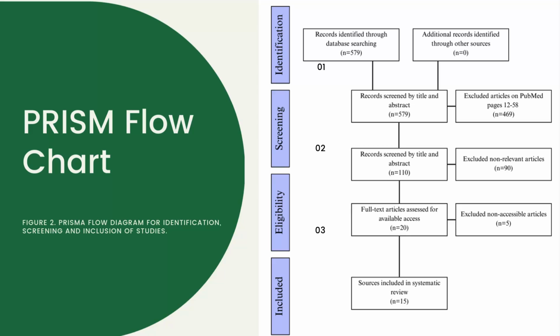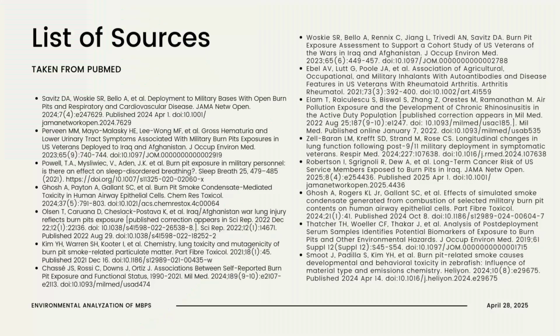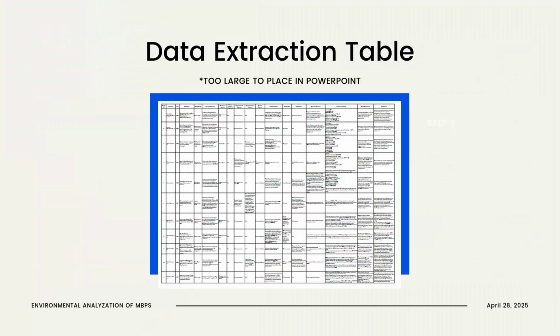And so we arrived at our source of 15 reviews. And here is our list of sources. Again, because of the complexity of the topic, there was a lot of data that was analyzed. There was even a second page to this description, but we will be talking more in depth on the data extraction table in the next section.